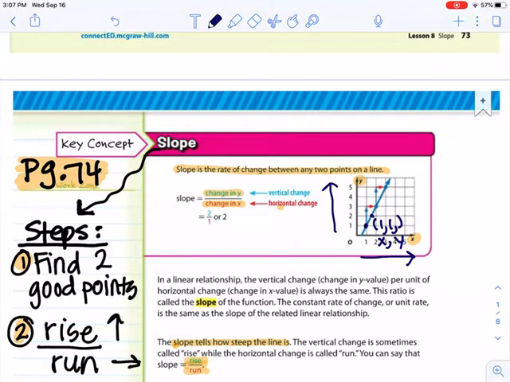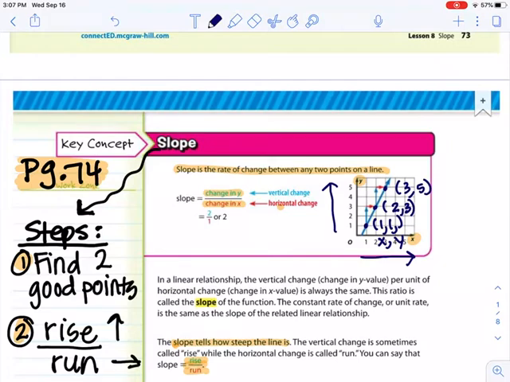This point right here that I drew would not be a good point because I don't know exactly how far to the right it is. This point right here would be good because I know that it's over 2 and up 3. This one isn't good because I do not know how far over to the right it is. And this point would be good because I know that it's over 3 and up 5.